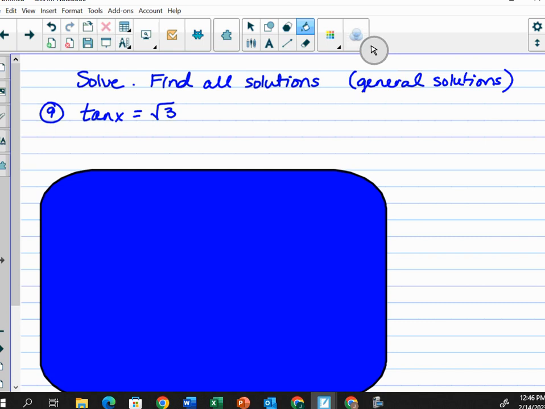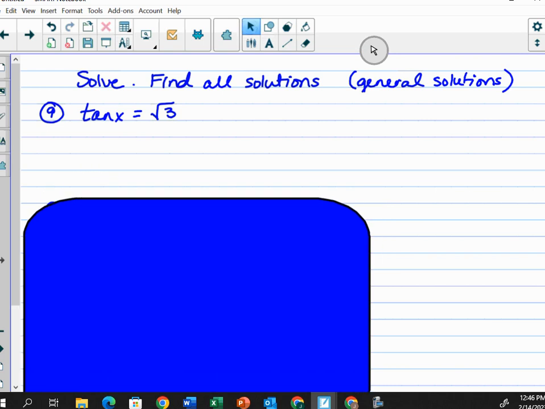Solve and find all solutions. Sometimes it'll say general solutions. Those mean the same thing. I'll explain what it is. And around the circle, around the circle. I'll show you how you answer that way. It's just one extra thing you write from what we were doing before. Okay, so jot the first one down. We'll do it together.